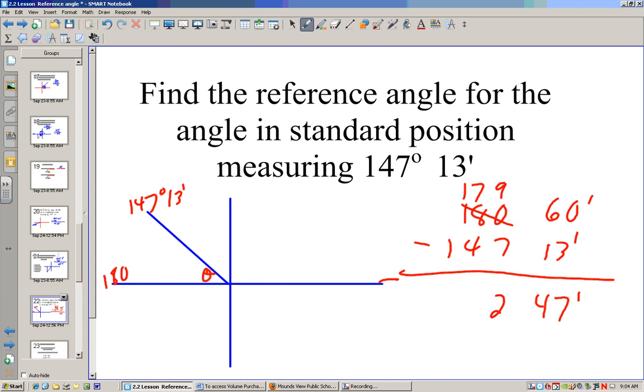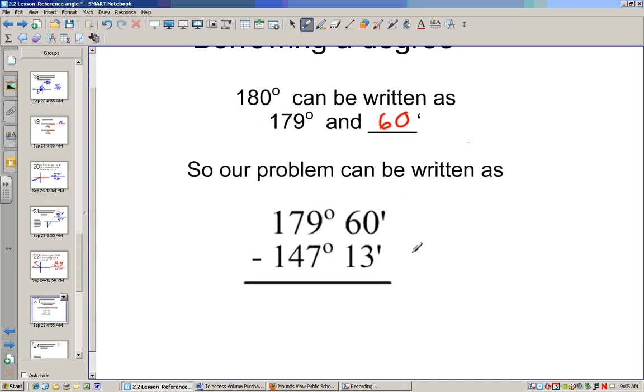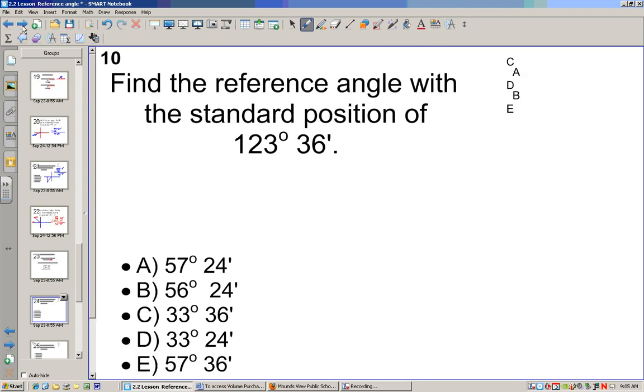And now this subtracts to be 32 degrees and 47 minutes. So borrowing from 180 can also be written as 179 plus 60 minutes. So we can subtract that to get what we got on the previous problem.